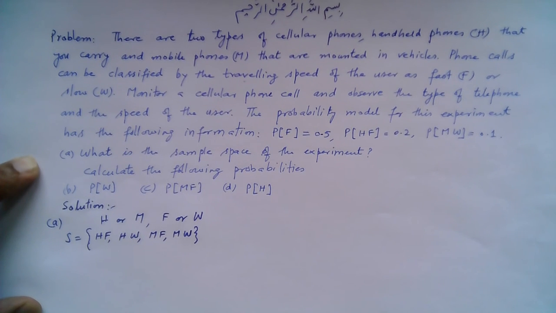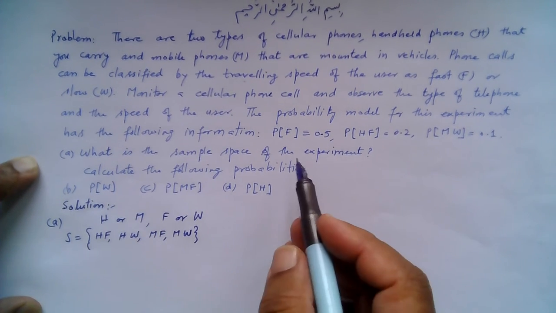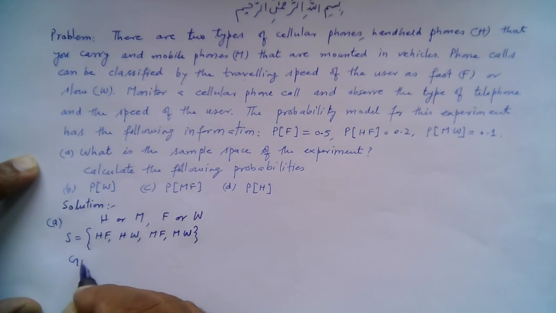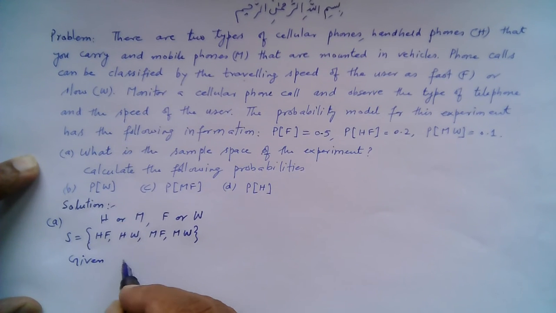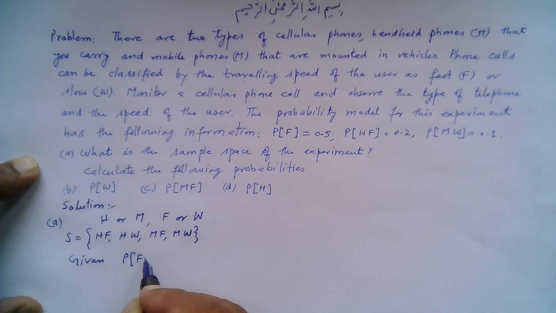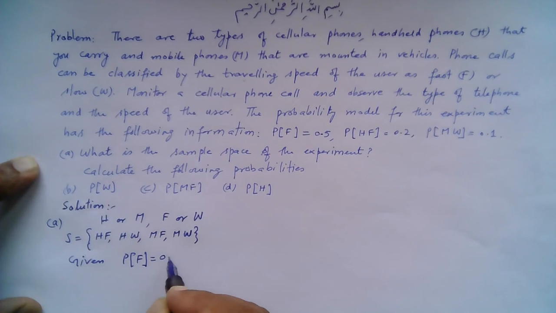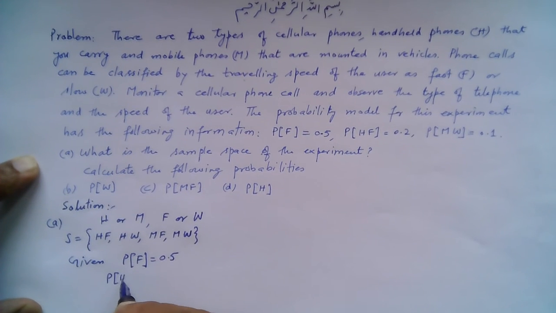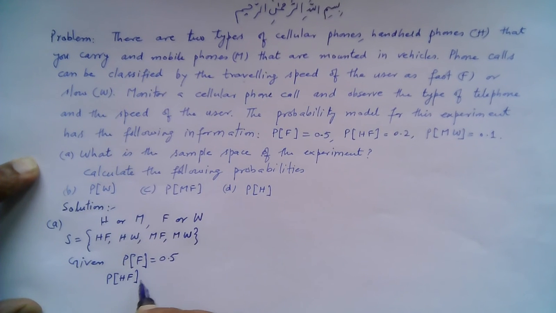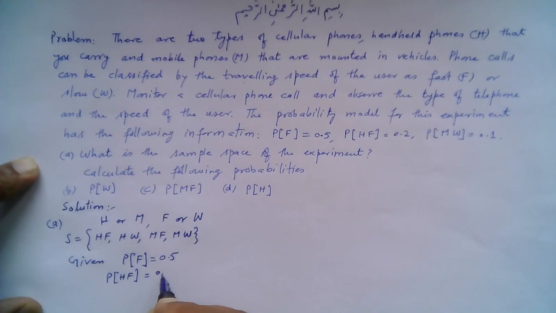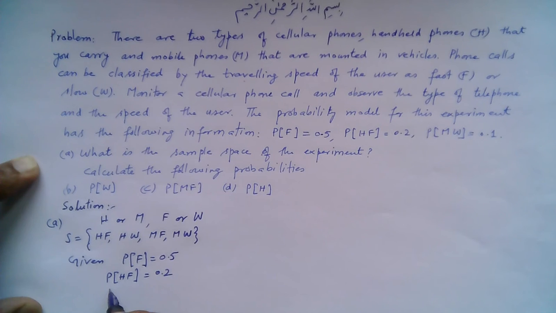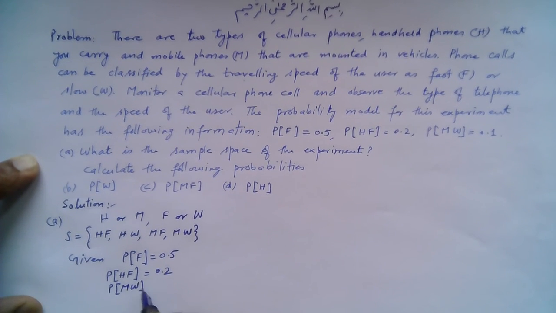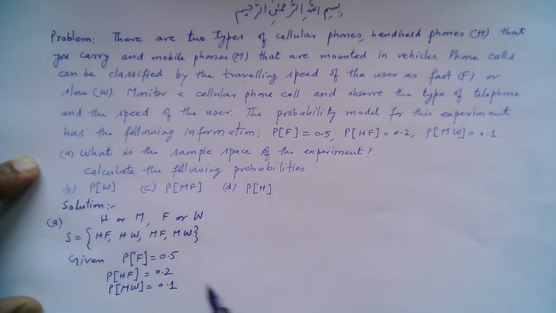Next we need to calculate some probabilities, and we are given some probability model. For example, we are given that probability of phone being fast is 0.5, probability of a handheld phone which is fast is 0.2, probability of MW is 0.1.